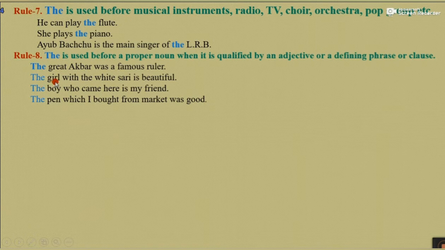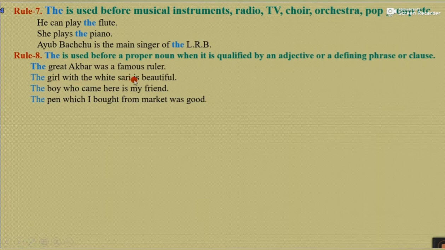Before girl, we use the because some phrase or clause can qualify it. Here, the girl with the white sari qualified girl. So we use the.